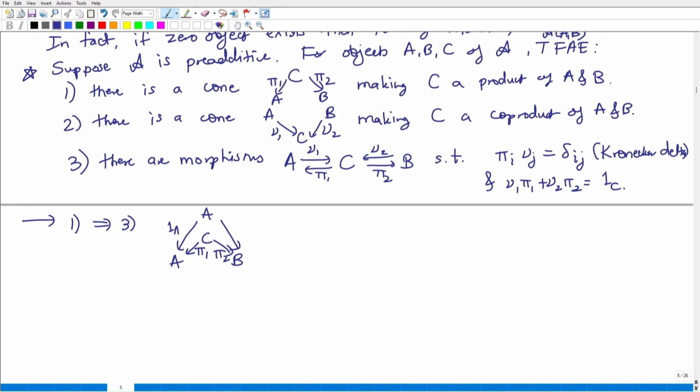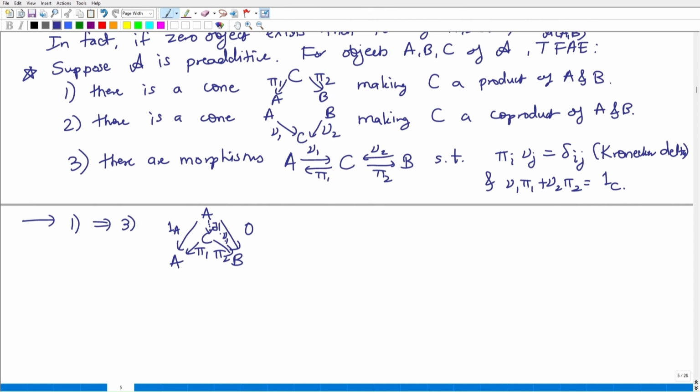From A you can take identity, from A to B you can take 0. That's the only thing that you know for sure exists. Then because this is a product, there must exist a unique map. This unique map is your new one.